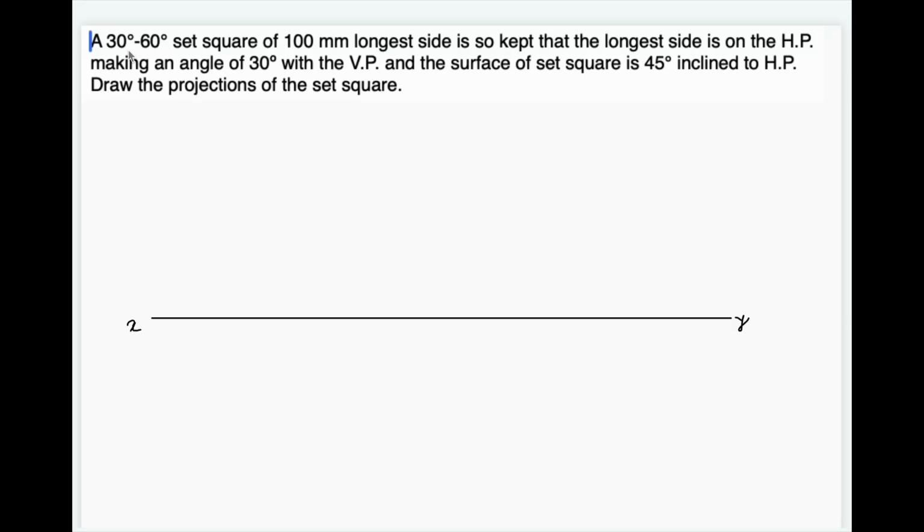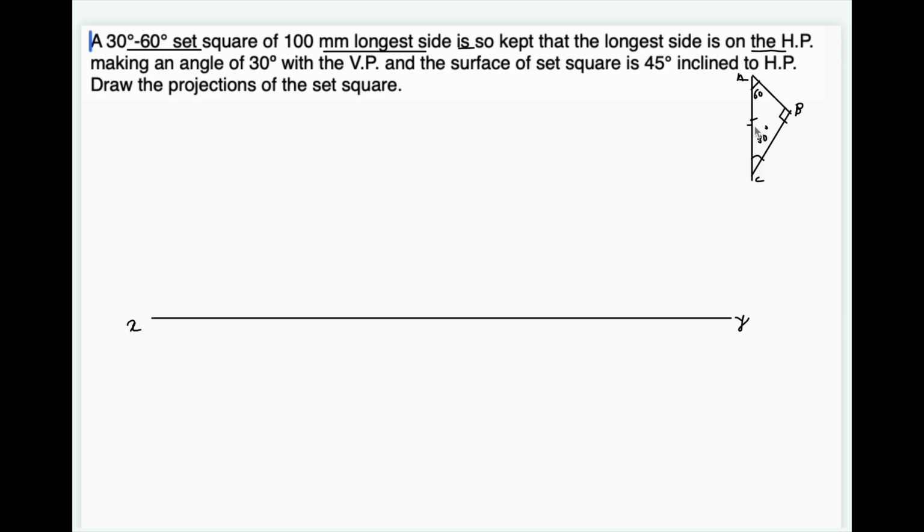Okay, there is a 30-60 set square of 100 longest side, so kept that the longest side is on HP. If you consider this 30-60-90 set square, let's say this angle is 30 degree, this angle is 60 degree, and this one is 90 degree, and let's say this is ABC.